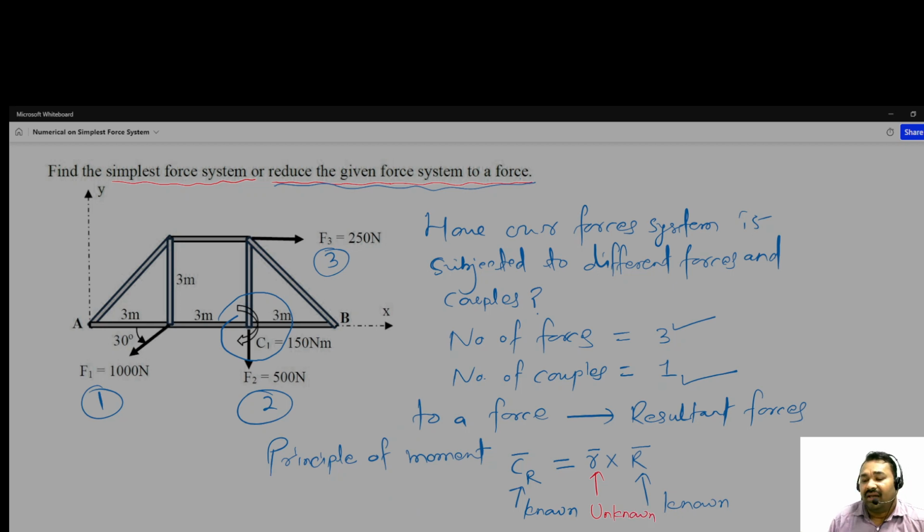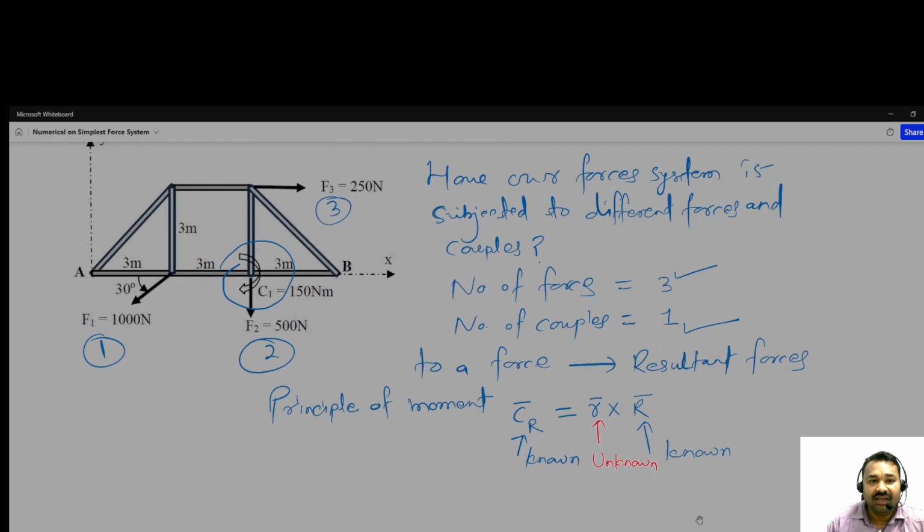And the position vector, you can see, all the forces and the couple lie in which plane? Our answer is the x-y plane. Okay, so what will be its coordinates?